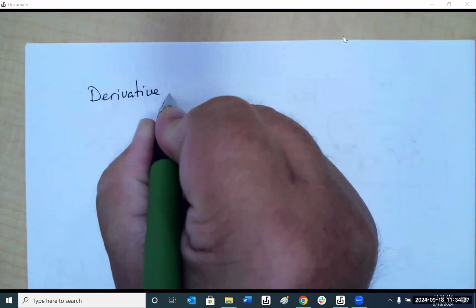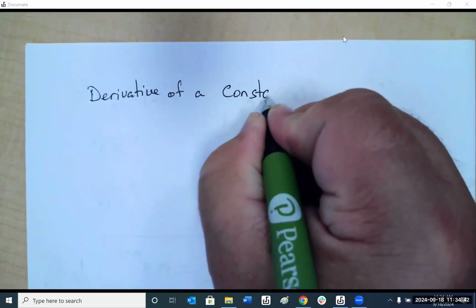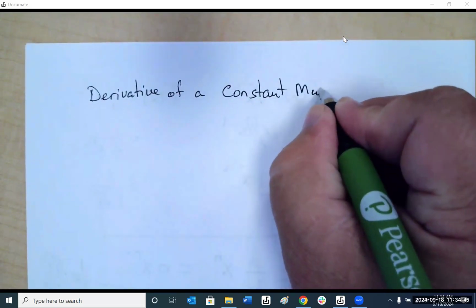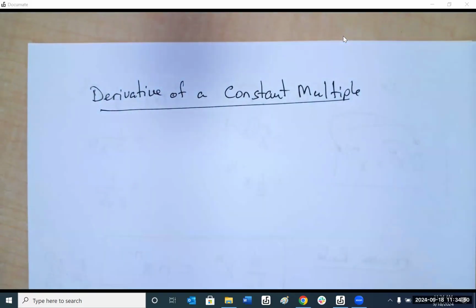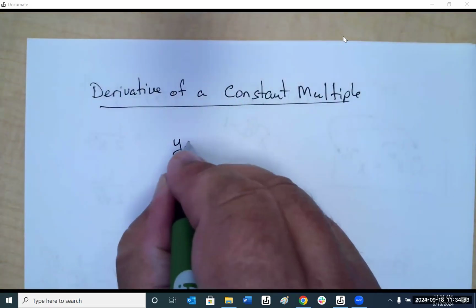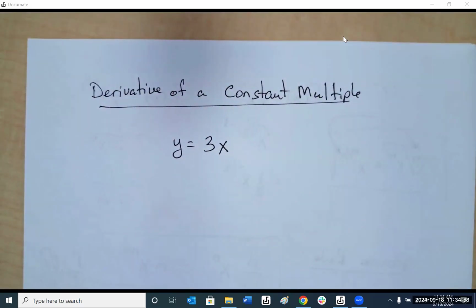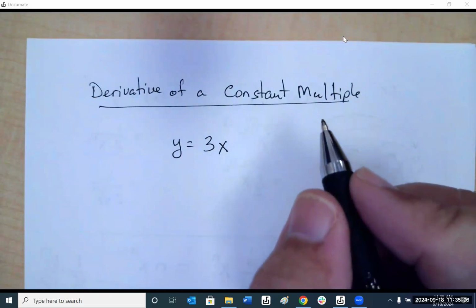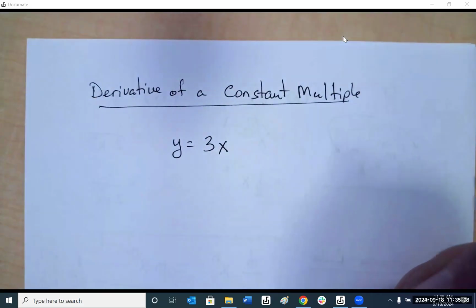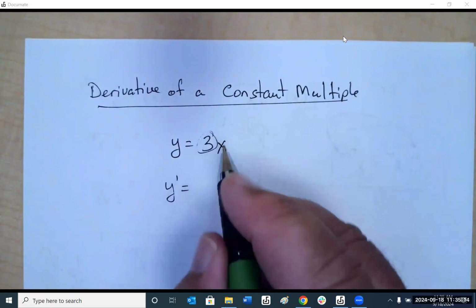The derivative of a constant multiple. In other words, if we have y equals 3x, when you take the derivative of this, don't worry about the 3.